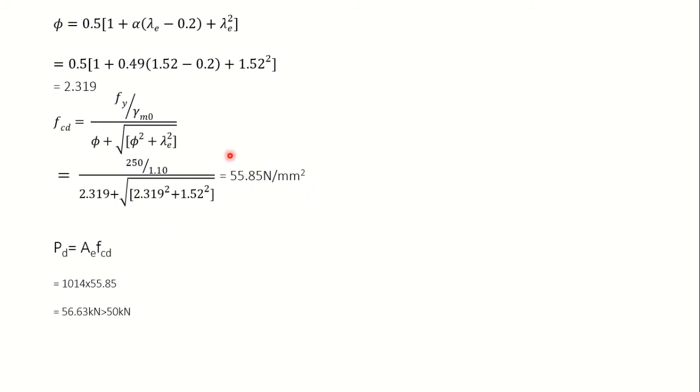Okay, no doubt this is coming out to be less than the assumed value of 60, but the area we decided there, we chose higher than what is required. So in this case the load carrying capacity will come out to be more. Even if FCD comes out to be less than what we have assumed, if you choose the area properly, a little bit on the higher side, then you don't require any revision.